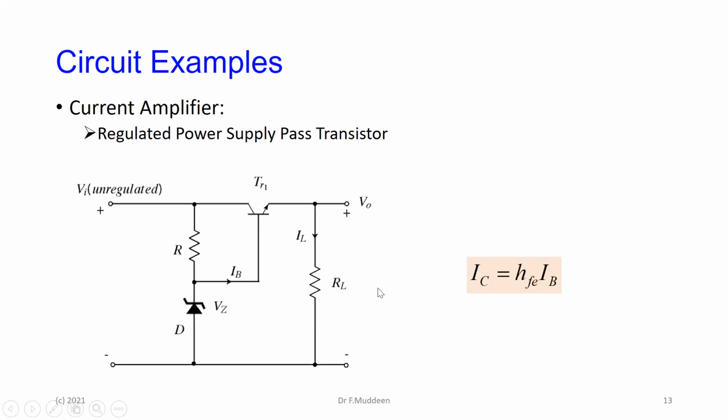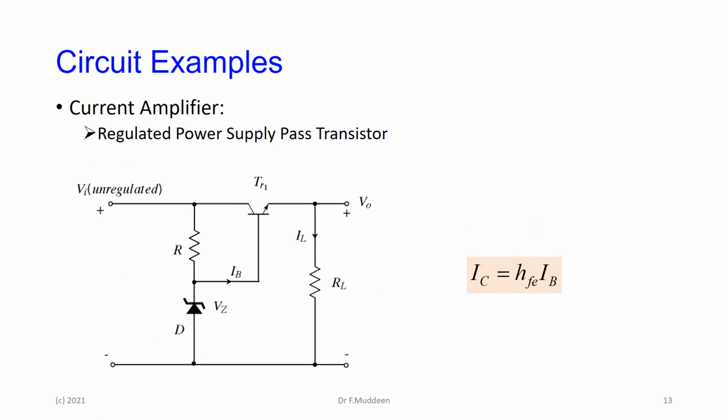A current amplifier, a good example of that was something that we did last week. We just did it here. The pass transistor part of the power supply circuit. That pass transistor is taking a base current and is amplifying the base current by the HFE of the amplifier. So IC is HFE times IB.